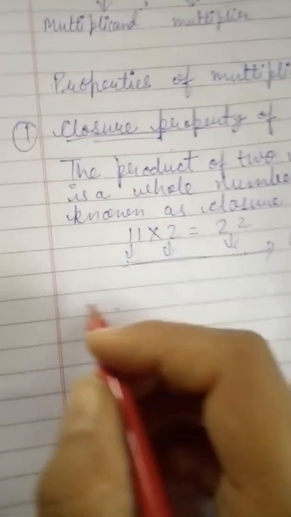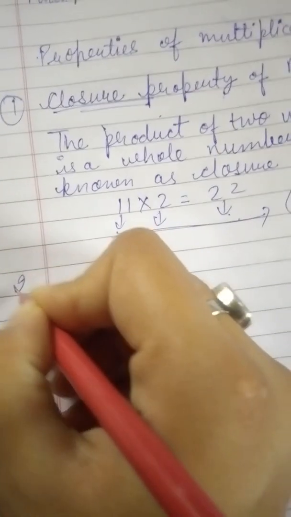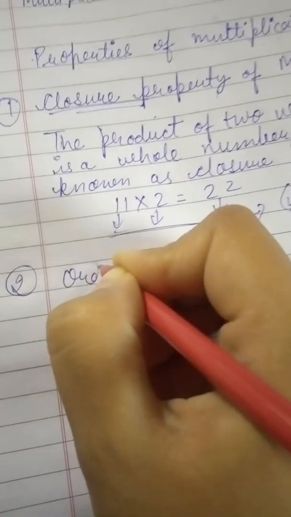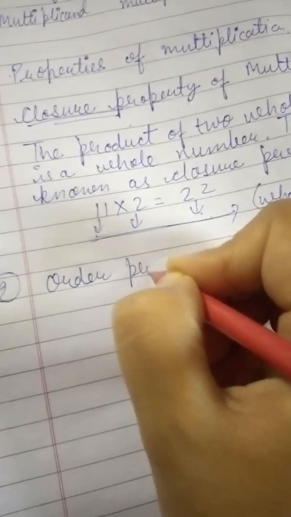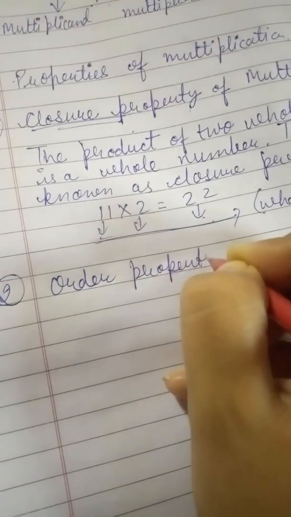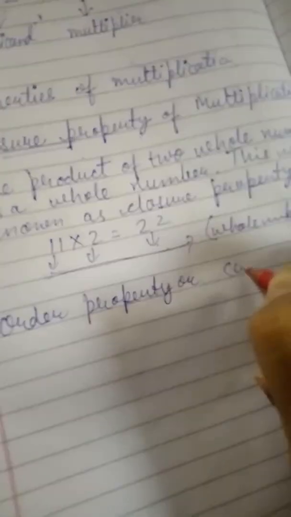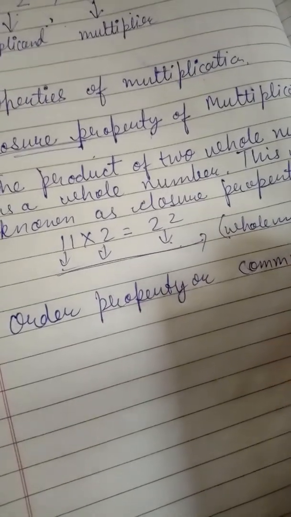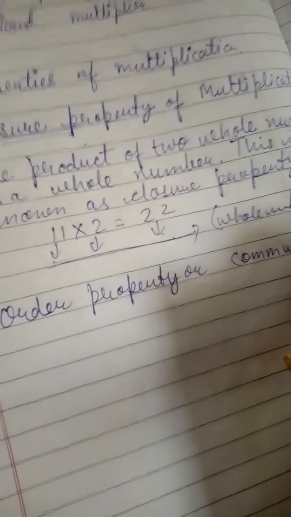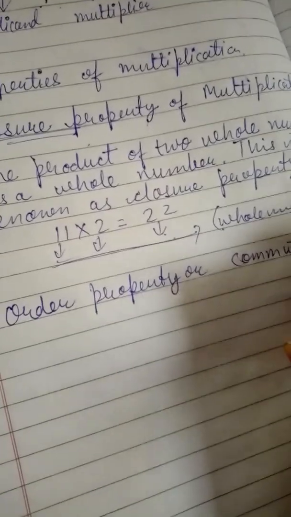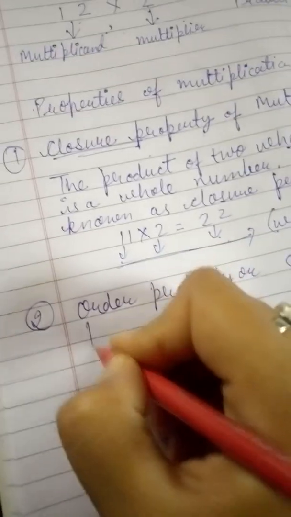You can see this with the help of this example, and I am also giving you another example. You will write here order property or commutative property.